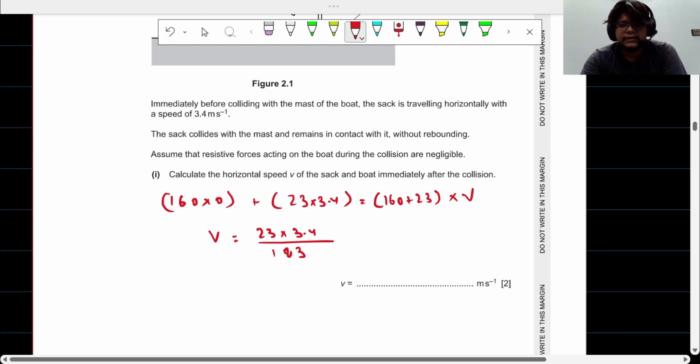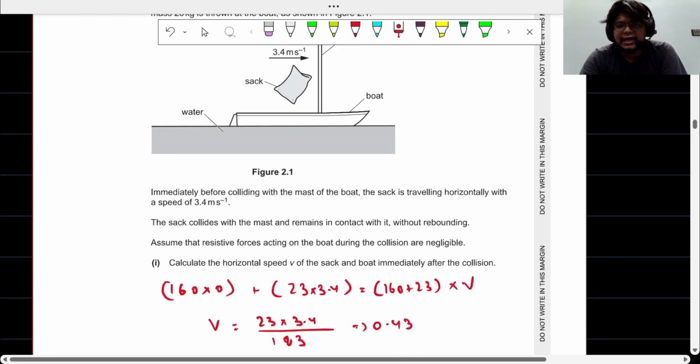Calculating this using my calculator, I get 0.43 meters per second. This is the velocity of the combined boat, mast and sack.